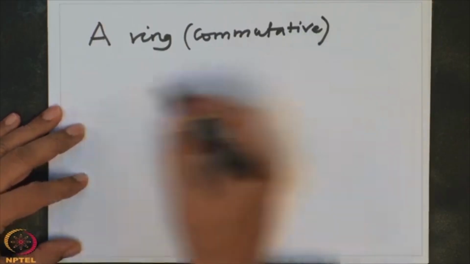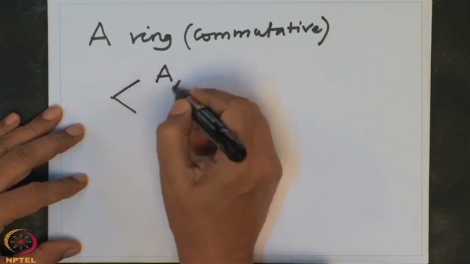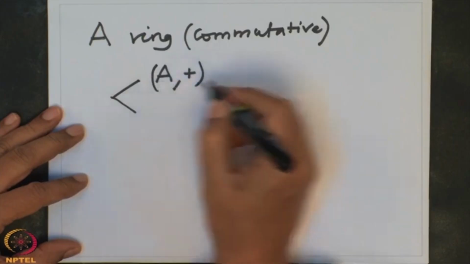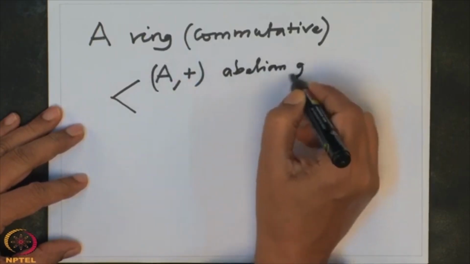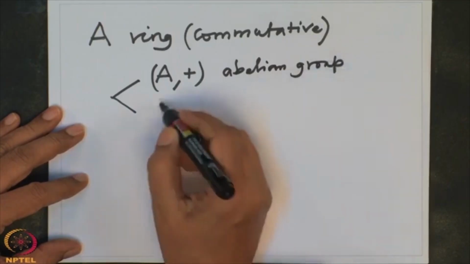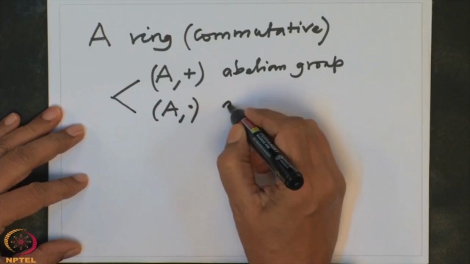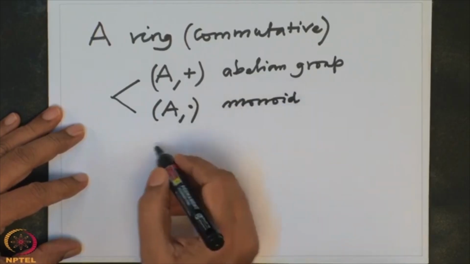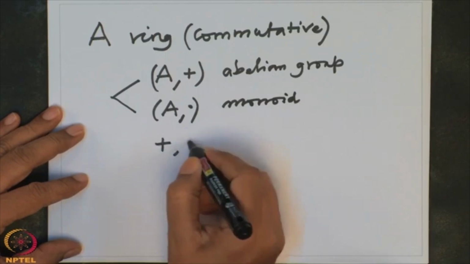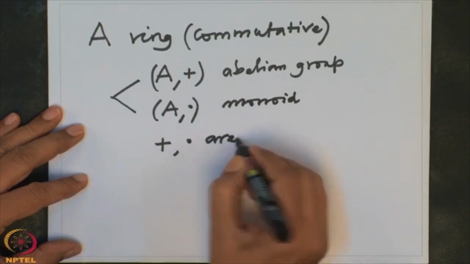That means A with plus is an abelian group, and A with dot is a monoid, and plus and multiplication are compatible.